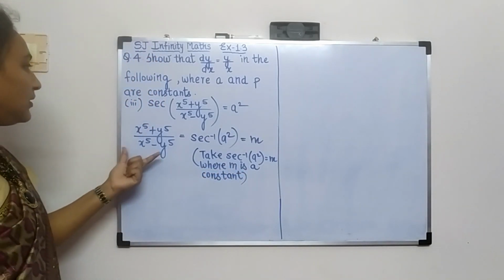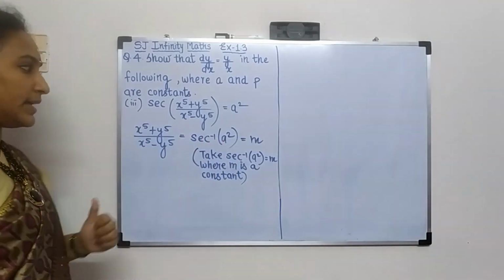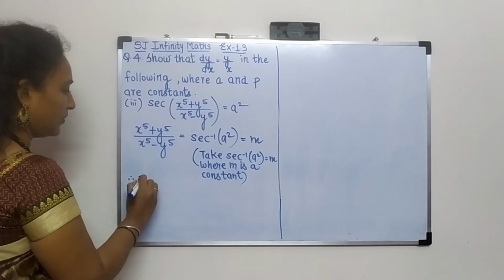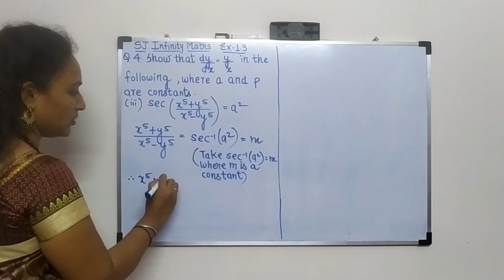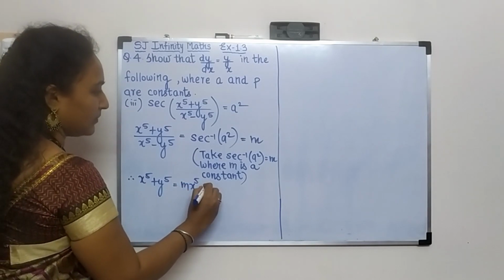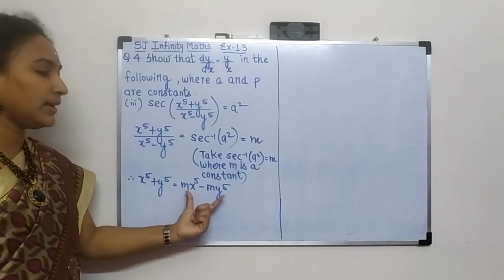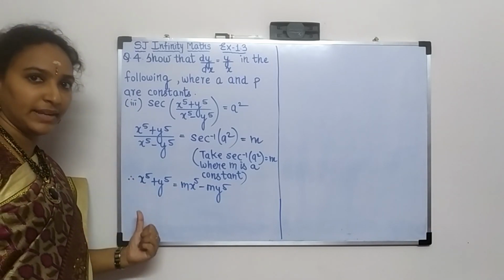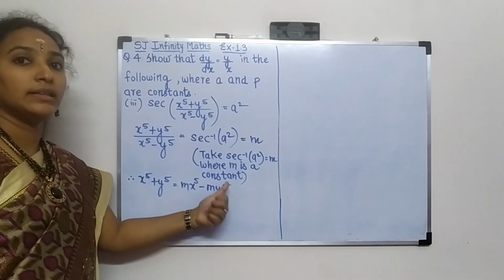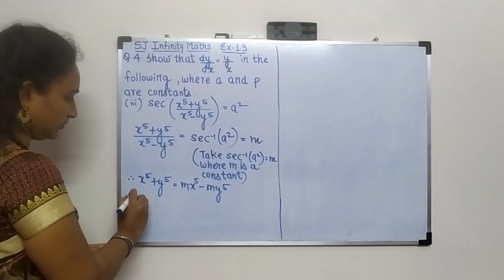Okay, done. Now we are going to multiply m with x^5 - y^5. Therefore, x^5 + y^5 = m x^5 - m y^5. See, I am going to take all the y terms on the left hand side and all the x terms on the right hand side for simplification.